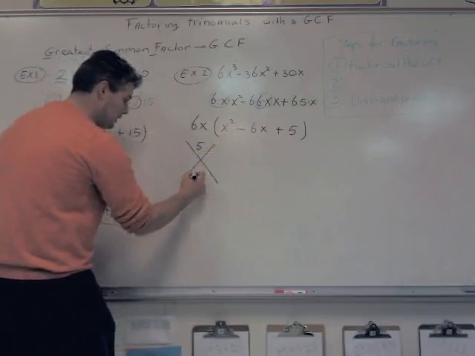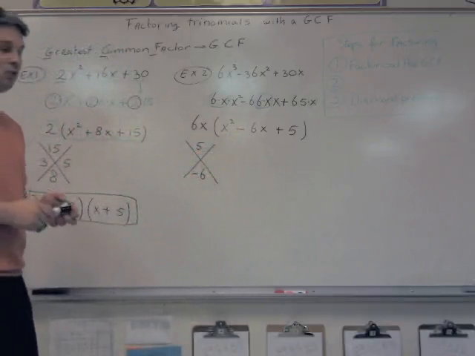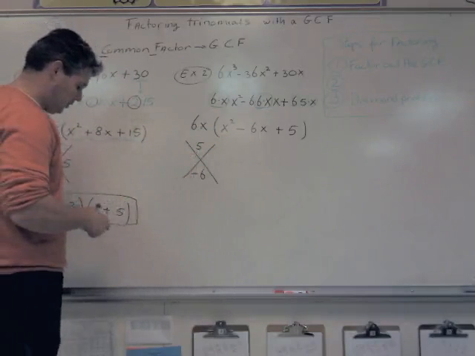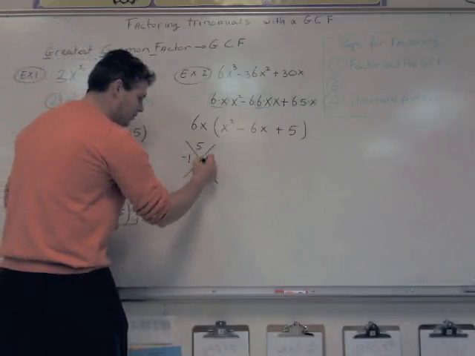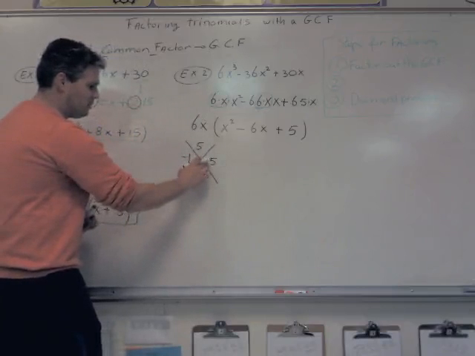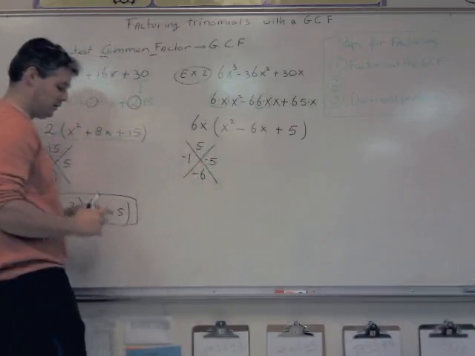The middle term, in this case negative 6, we put into the bottom. So 2 numbers multiplied give me 5, added together, negative 6. Those numbers are negative 1 times negative 5. Negative 1 times negative 5 is 5. Negative 1 plus negative 5 is negative 6.